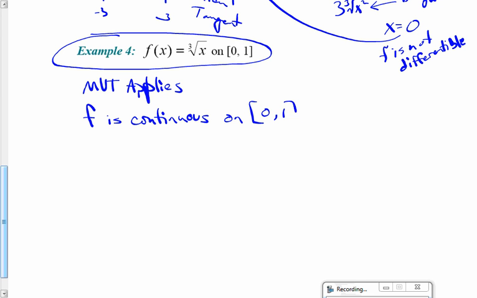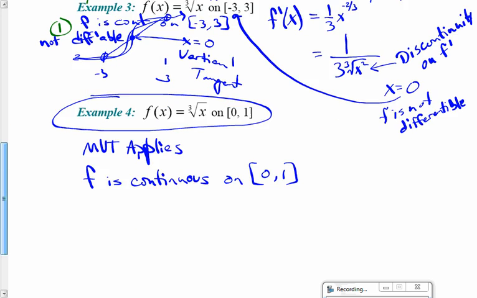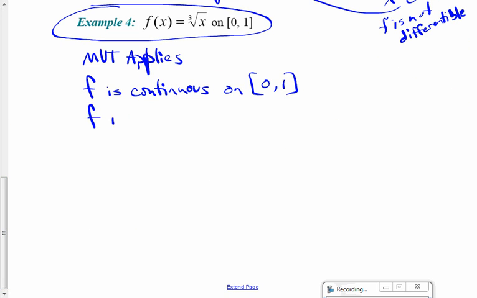Just like up here, f was continuous on the closed interval. It is continuous there, right? We drew it. That's continuous. This one failed because it's not differentiable. This one, the differentiability applies on the open interval.